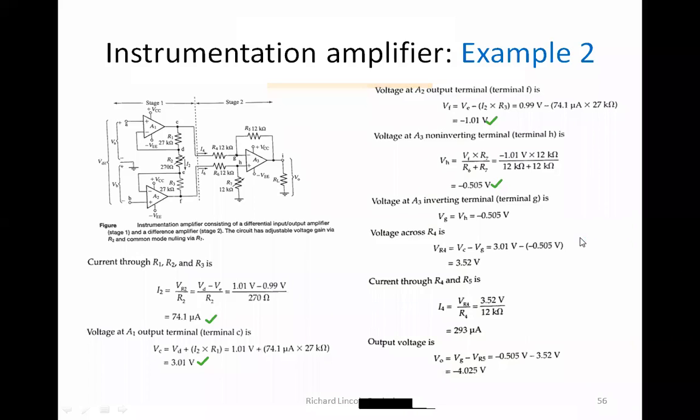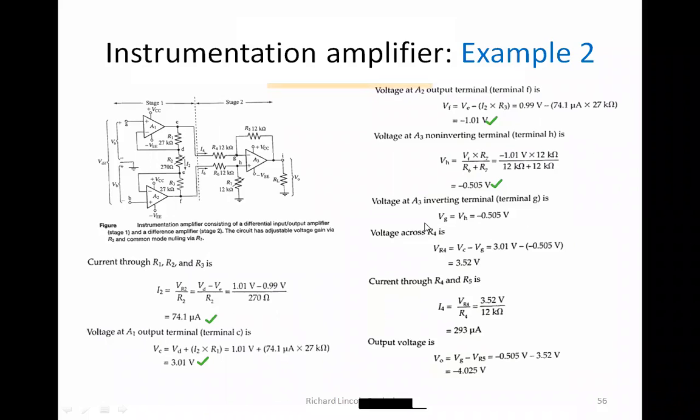Let us just calculate minus 1.01 into 12K divided by 24K. Are we getting those values? Minus 0.505.